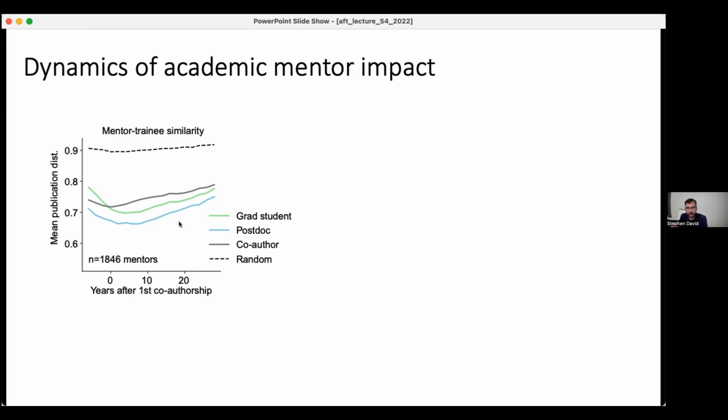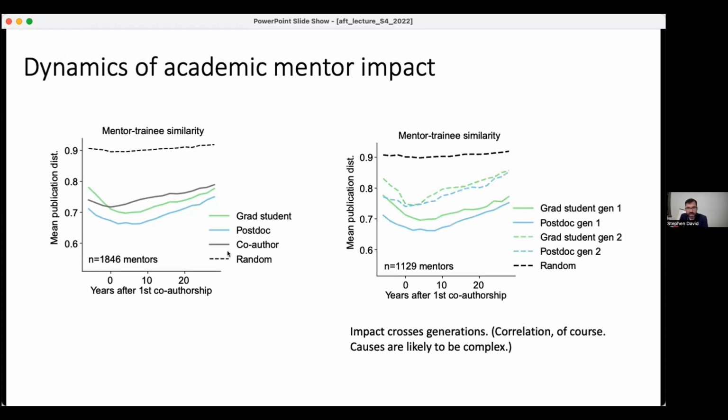This is quantifying something that I hope is intuitively obvious: mentors are going to have an impact on the publications of their trainees, and it crosses generations. Now we're looking at the same thing, starting at the year when a trainee graduated, but asking how their work relates to their mentor's mentors, their academic grandparents.